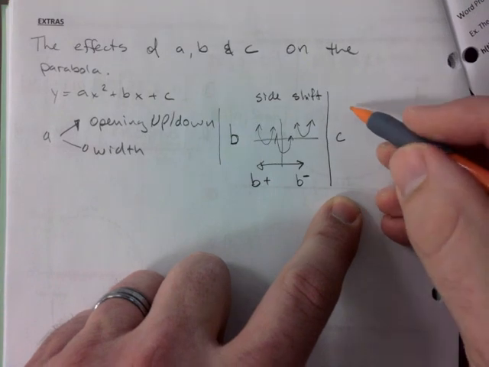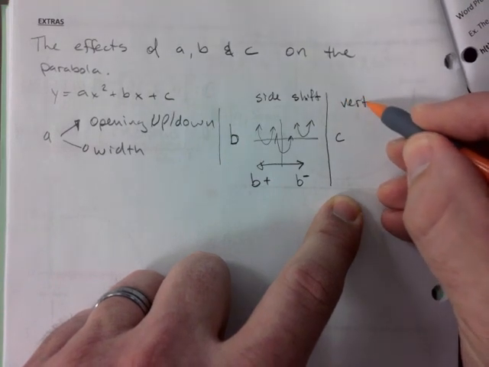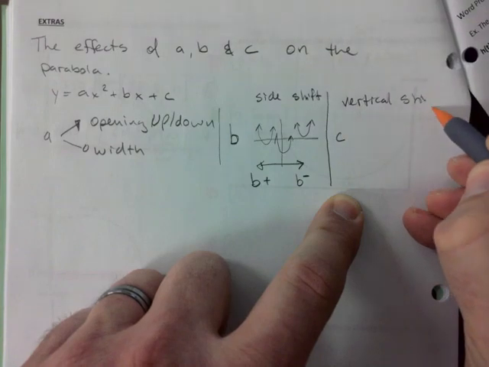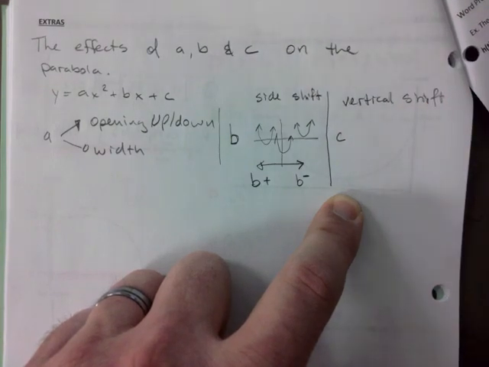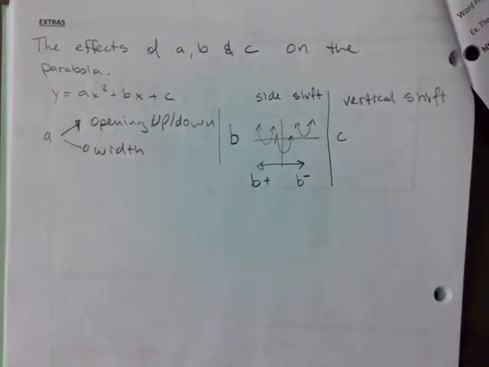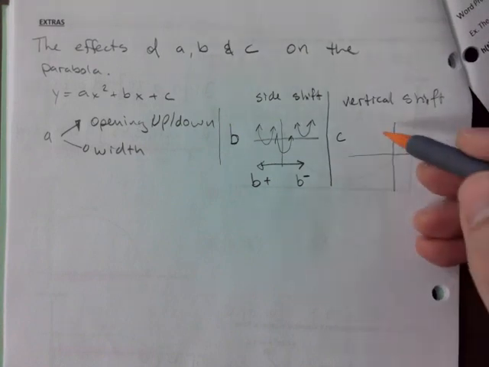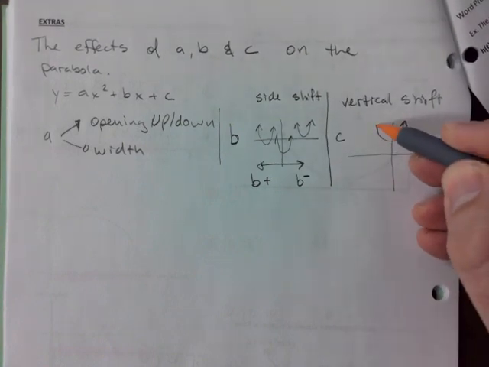And then C will do a vertical shift. So if you want to just do a little grid here or a coordinate, right, you could go up here.